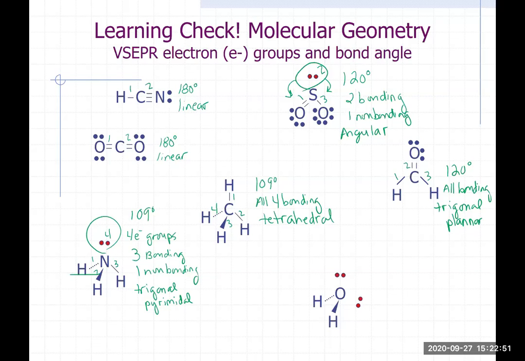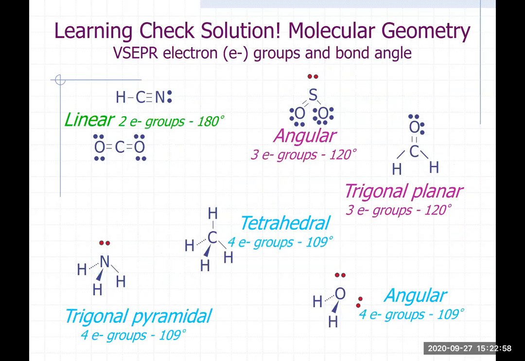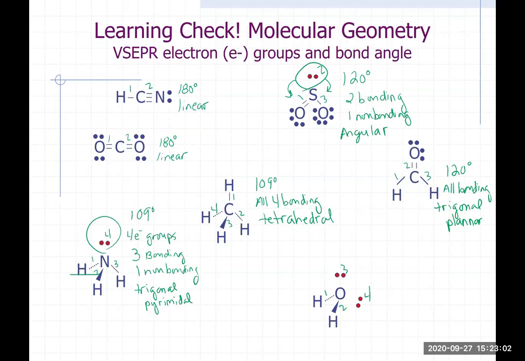Bottom one down here is water. 1, 2, 3, and 4. Sorry, went ahead a little bit there. 1, 2, 3, and 4. That means that we have 109 degree bond angles.